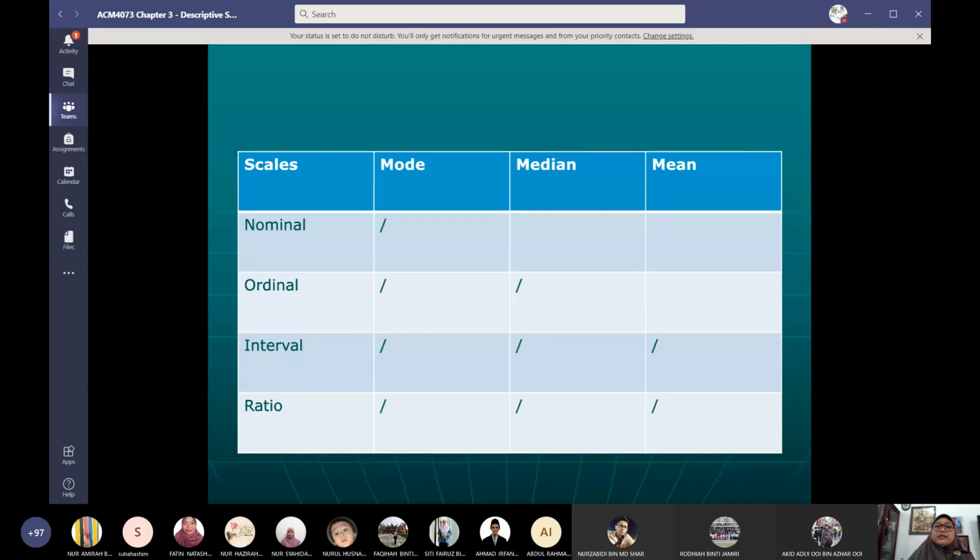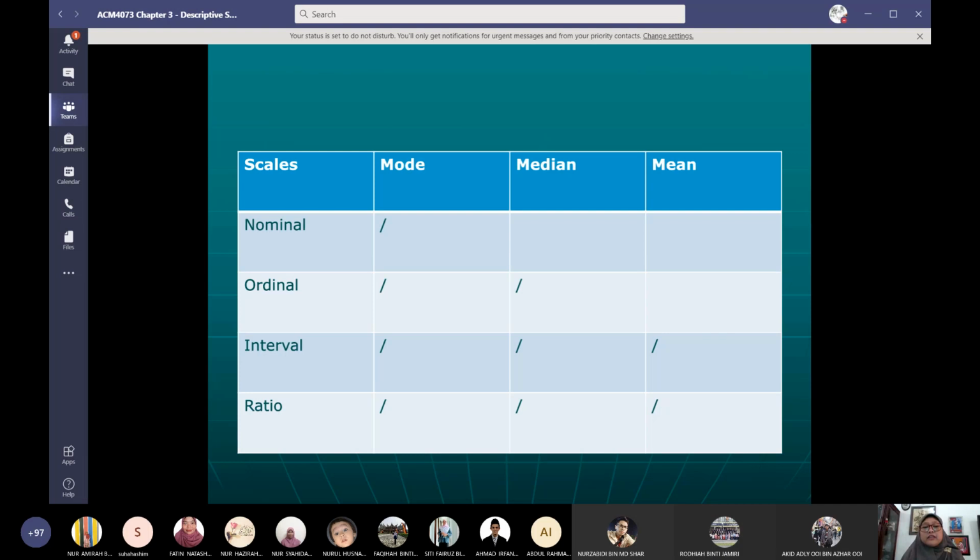We start with PMR, certificate, diploma, what else, degree, master, and PhD. Okay, it's ordinal because there is ranking for the certificates.